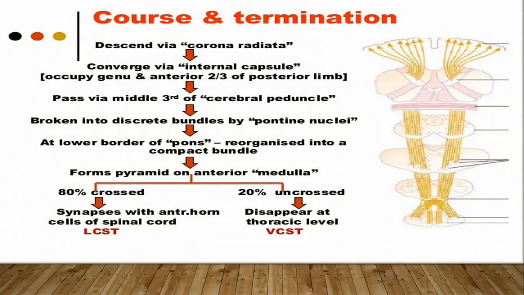The Brodmann areas 4 and 6, these are the two sites from which, from the primary motor cortex and the premotor cortex, this information is passed, descends down, and extends up to the target levels.